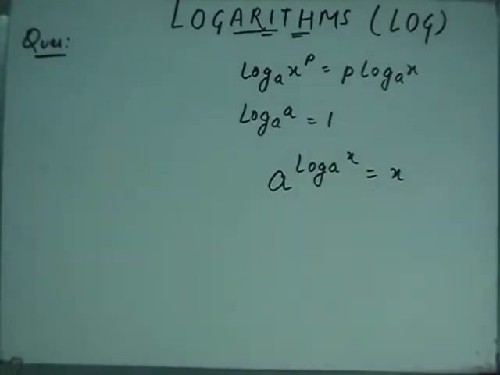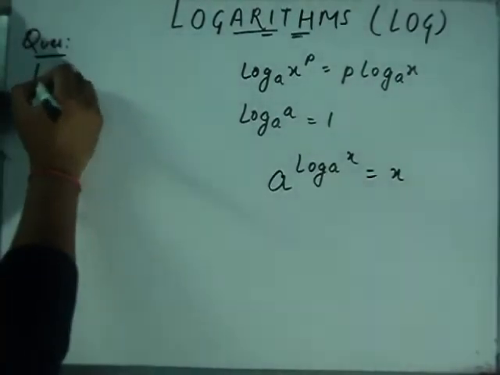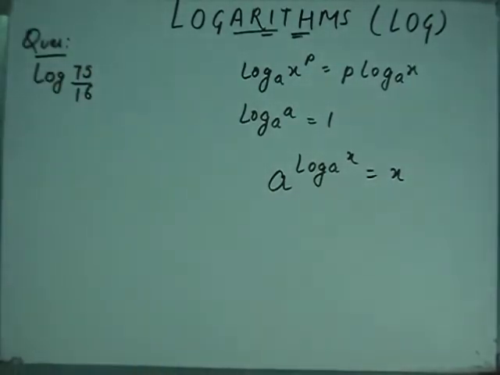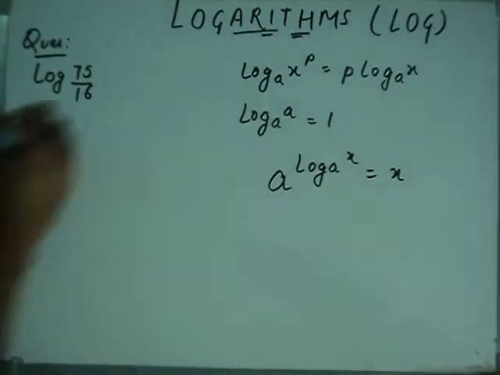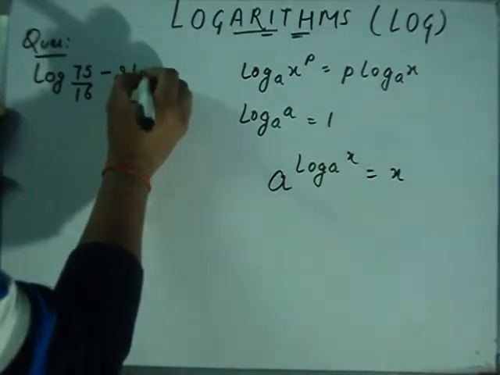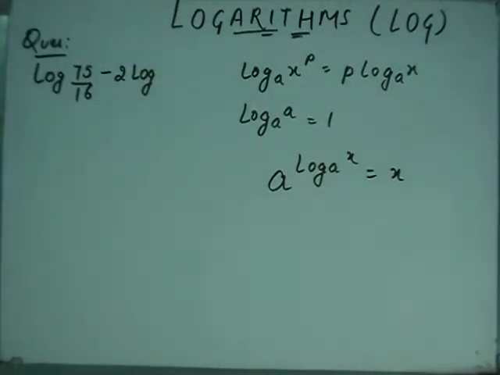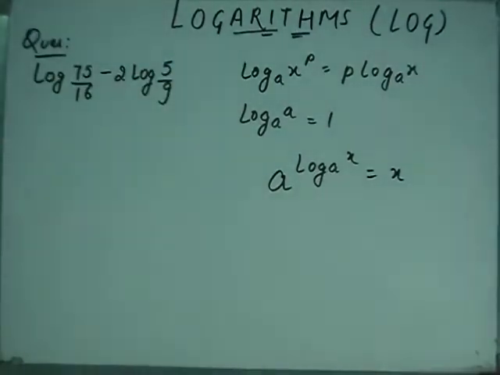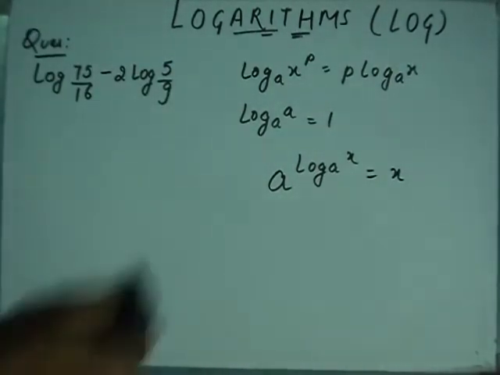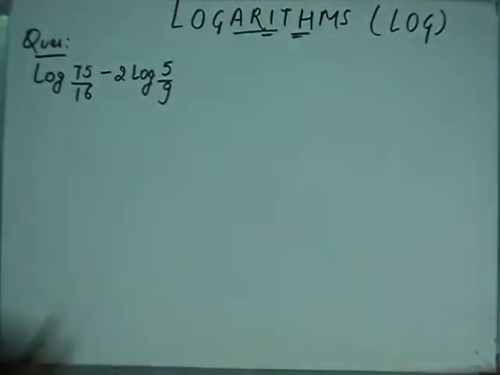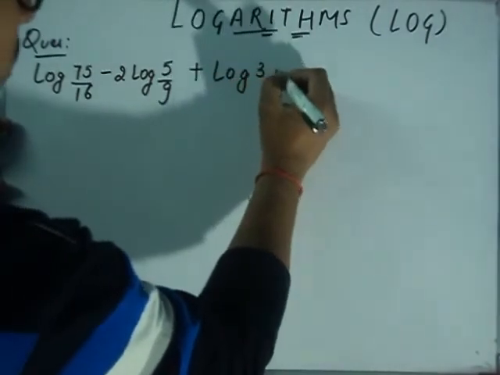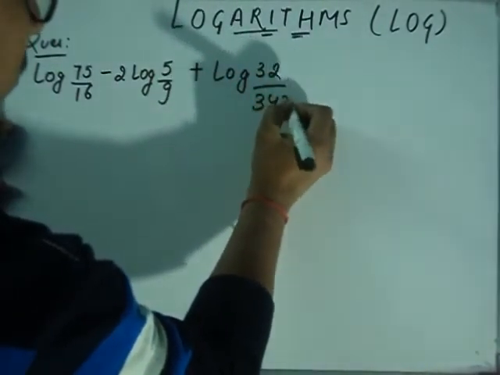Okay, I have a numerical: log 75 divided by 16 minus 2 log 5 by 9, I am going to write the other side, plus log 32 divided by 343.